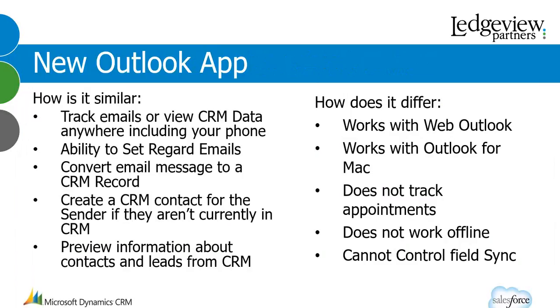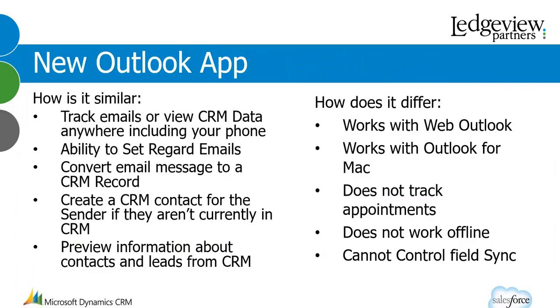There is a new Outlook app that is coming in 2016. It has just been taken out of beta version, so it is brand new. I'll cover how it's similar to the Outlook client and how it differs. It is very similar to the Outlook client in that it can track emails or view CRM data anywhere.